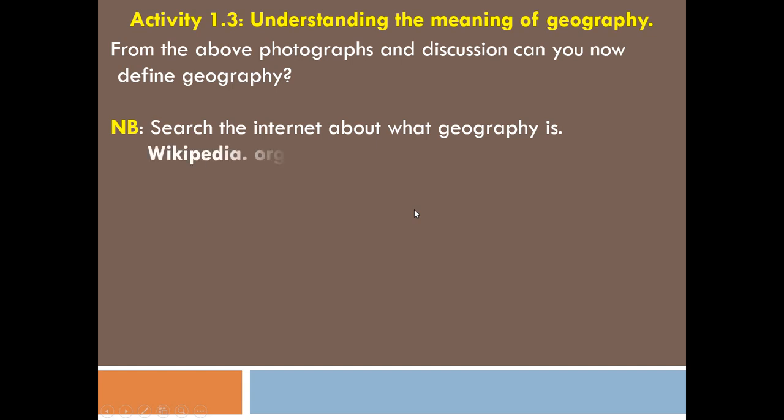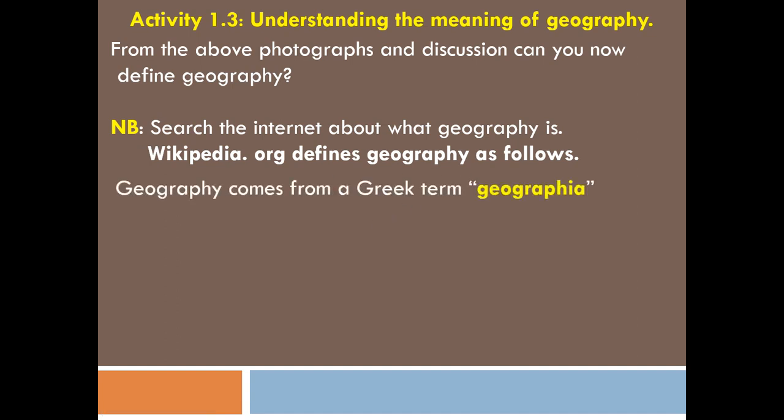I made a simple search on the net, and I visited a site called Wikipedia, www.wikipedia.org, and in this site, this is how geography is defined. It defines geography as coming from a Greek term.